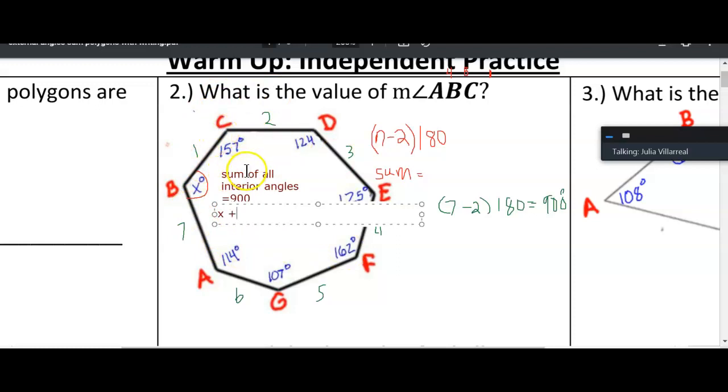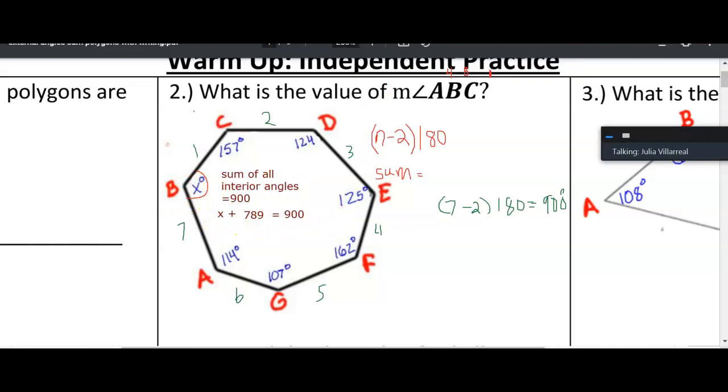Now I'm going to add up all these angles right here: 157 plus 124 plus 125 plus 162 plus 107 plus 114. Add that up and put that in your equation. Okay, so I have x plus 789 because that's the sum of these angles. But all of them, including this angle here we don't know, have to equal 900.